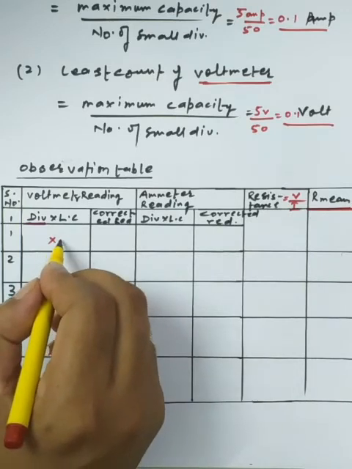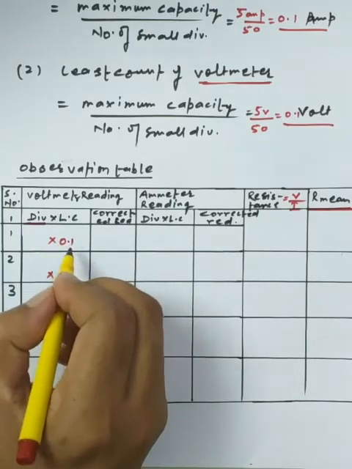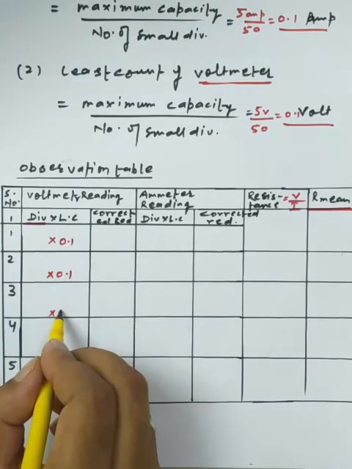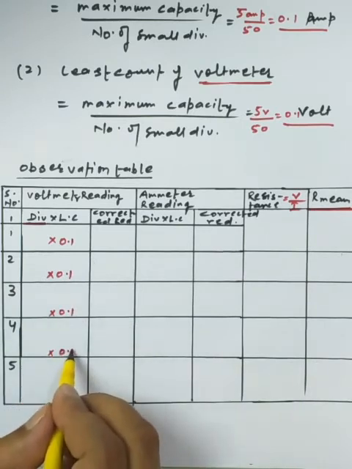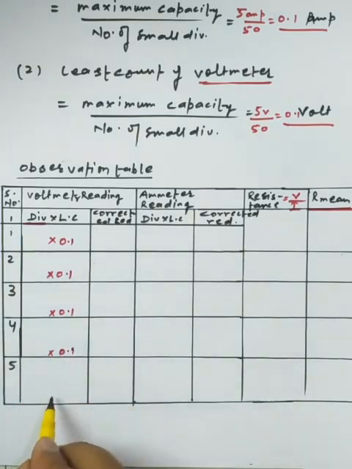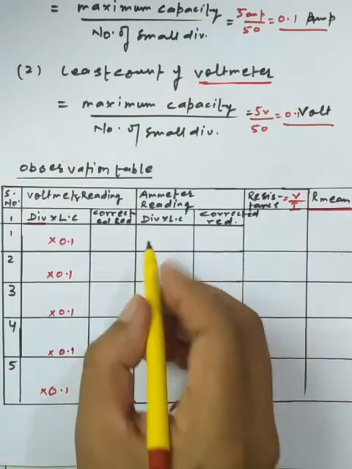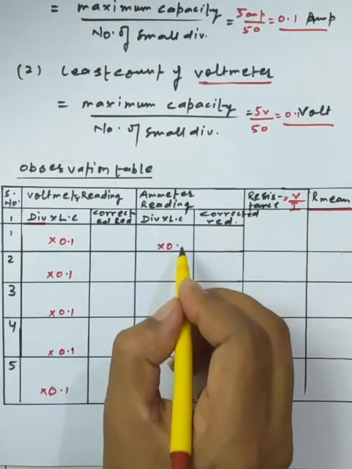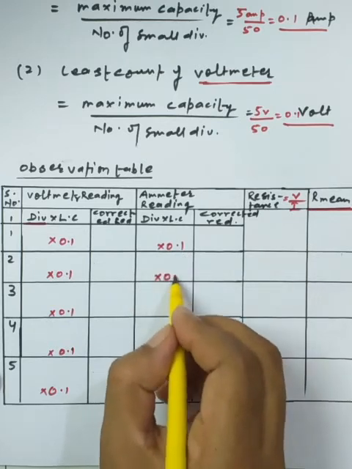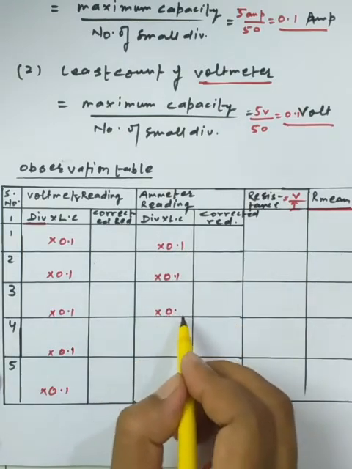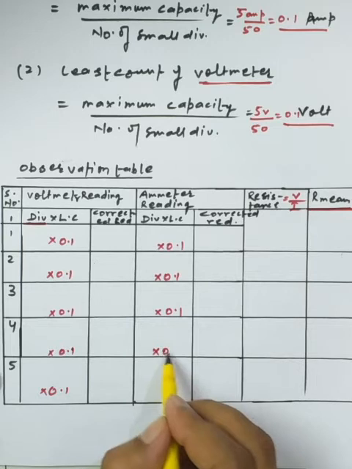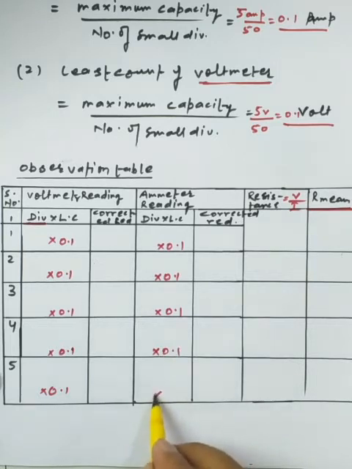So the least count is 0.1, this is also 0.1, this is also 0.1, and this is also 0.1, including the fifth reading, that is also 0.1. Similarly, the least count of the ammeter is also 0.1, because we are getting the actual value of the ammeter and voltmeter reading.